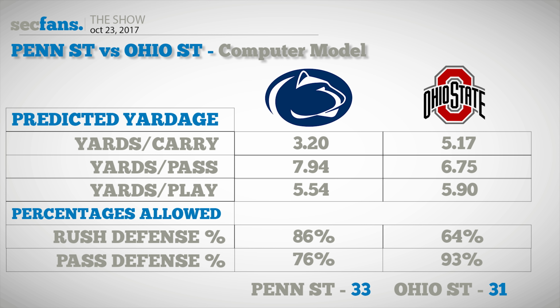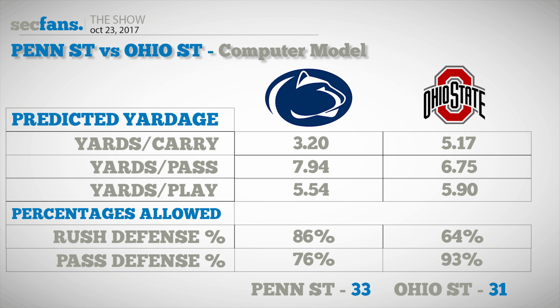In general, we want to see, for an elite team or an elite defensive unit, really below 70% of rushing averages, and anything below 80% in passing averages is pretty elite. If you want to say good, anything really sub 90% in rush averages is pretty good.